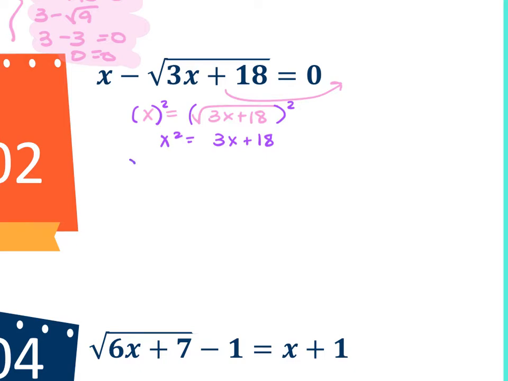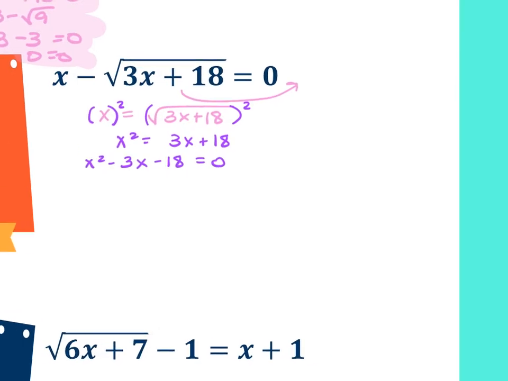Move everything to one side. I keep my x squareds positive, so I'm going to move the other ones over. Factors of negative 18 that sum to negative 3. Negative 6, positive 3. Split and solve them.